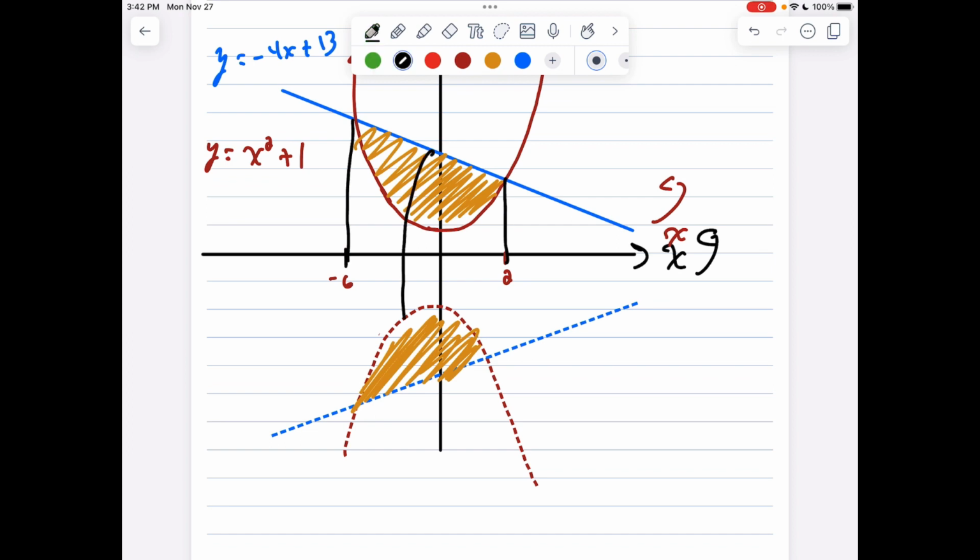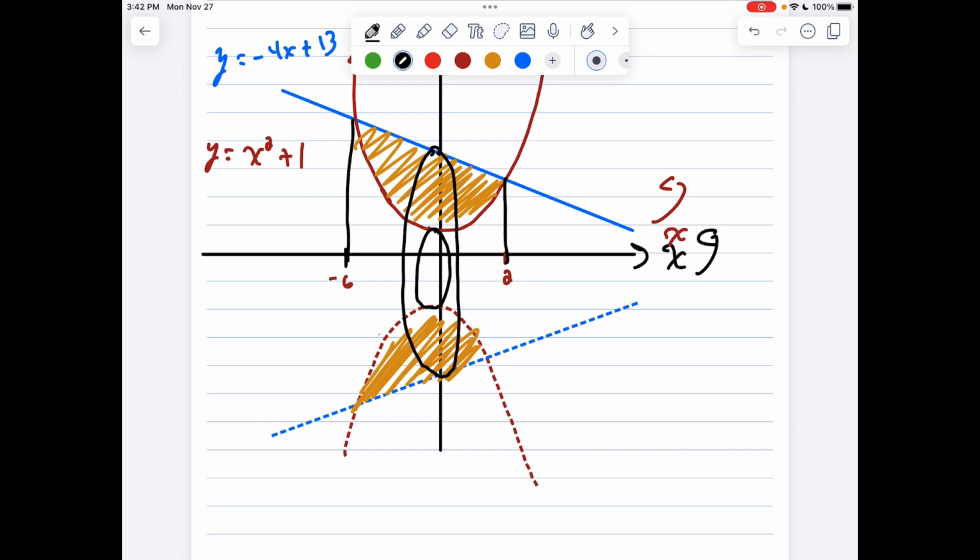And a lot of people like to draw these little circles out, and they say, look, think of this big circle as what you get when you rotate that line, the minus 4x plus 13, about the x-axis, and take this little circle right here, and that kind of represents the rotation you get when you take that parabola and rotate it around the x-axis.